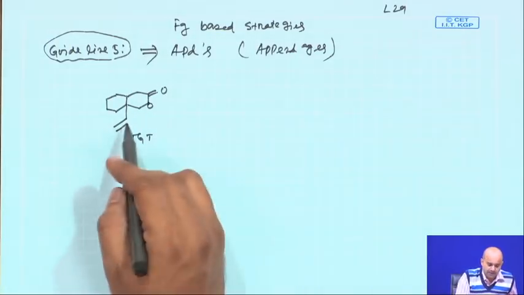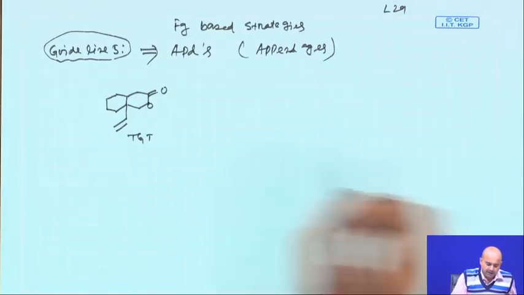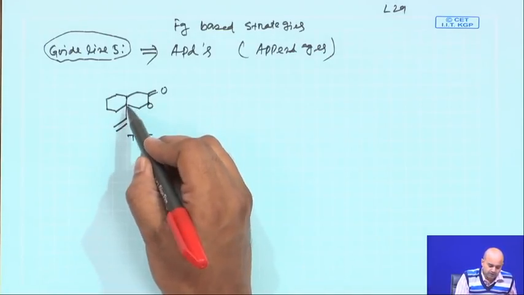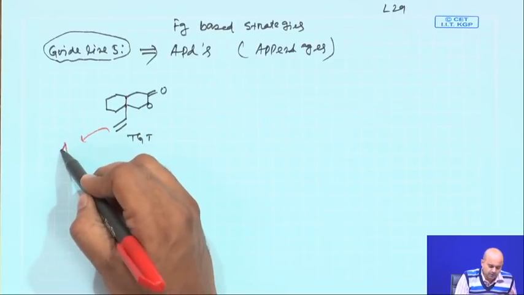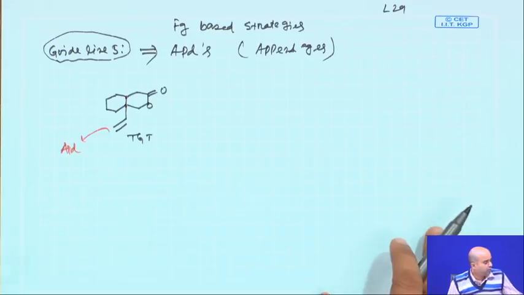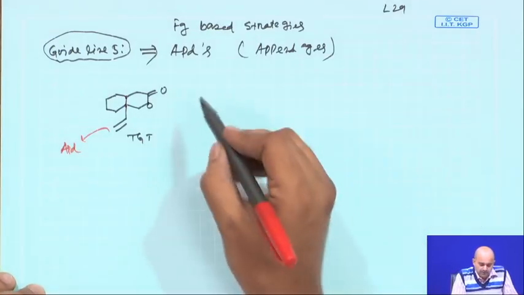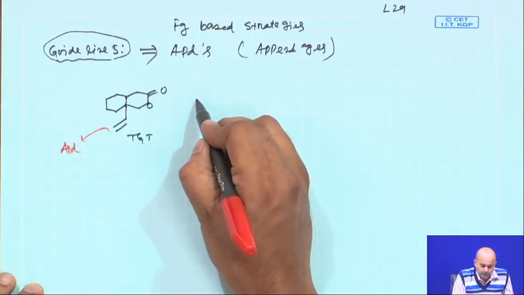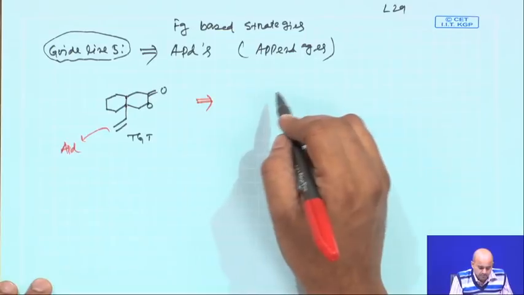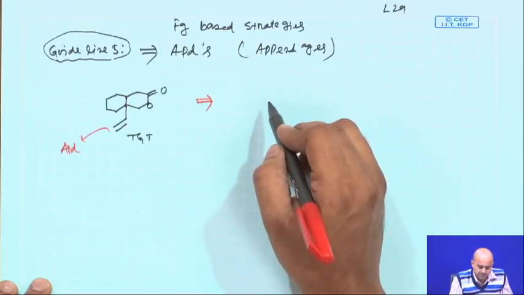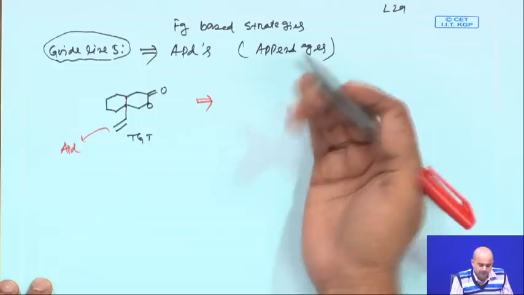We call this the vinyl appendage, which is hanging from this ring fusion. So, this is the appendage we are talking about. So, how to introduce this kind of appendage? Normally, there is absolutely no flexible rule; depending on the FGI, depending on the transformation, you can introduce this appendage by any means, any methods.